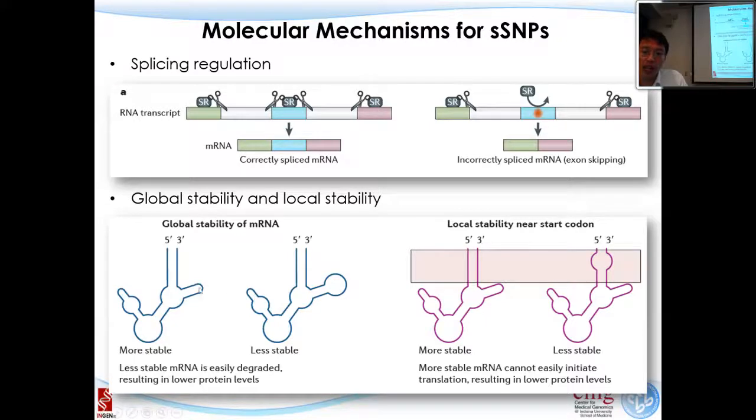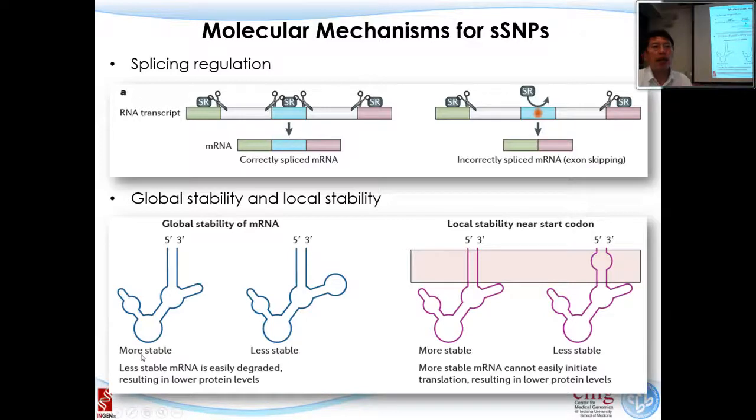There is a SNP, and with the SNP this part will not be perfectly paired together, which generates something like this. This is normally a less stable form of the RNA molecule, so it can be degraded more than the other one.